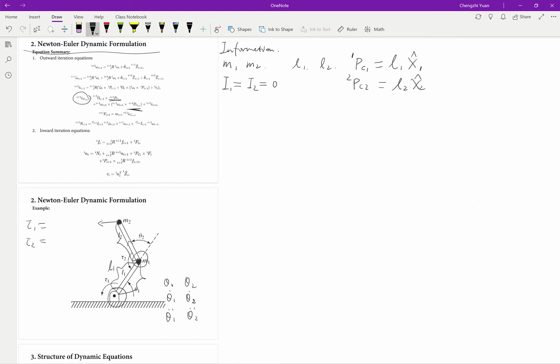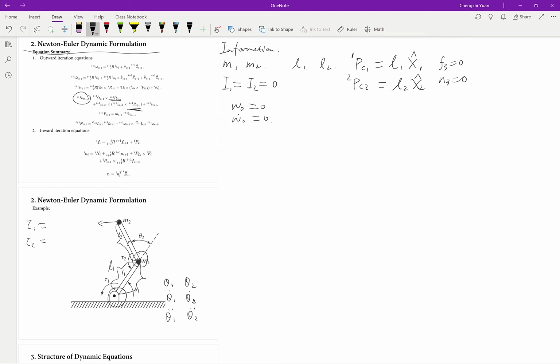Let's assume F3 equals 0, and the moment applied to the tip point, N3, equals 0. And as we did many times before, the initial values, including the angular velocity and angular acceleration of the universal reference frame, are all equal to 0.